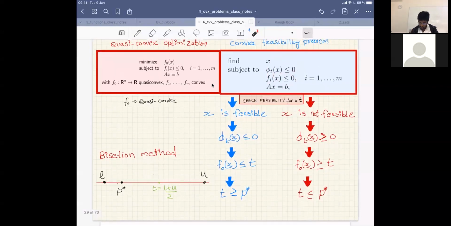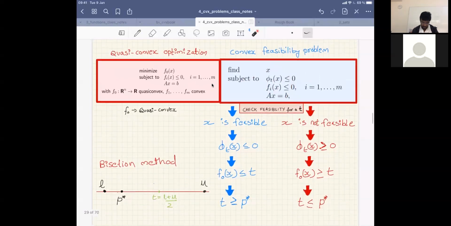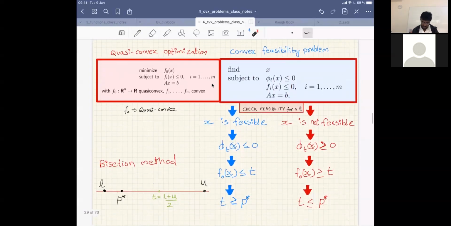So based on this, we check this for different values of t, and then you can get an idea whether t is greater than or equal to the optimum value, or less than or equal to the optimum value. So this is very helpful. Why? Let's take a case in R. You have a function whose minimum value is p star.